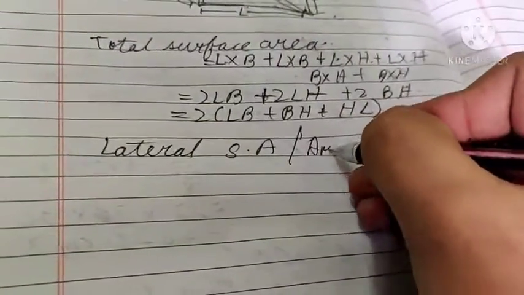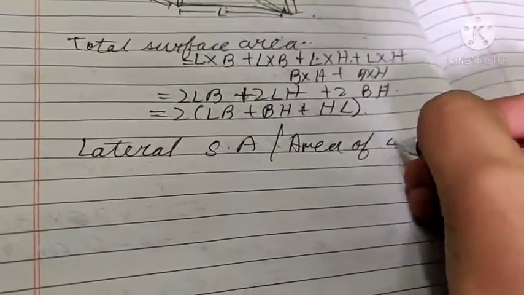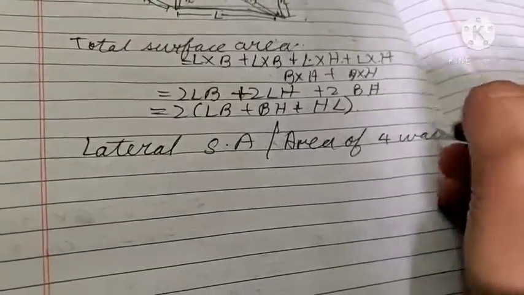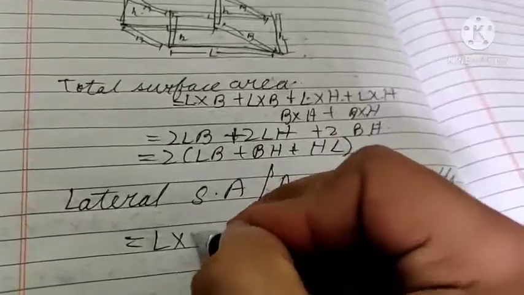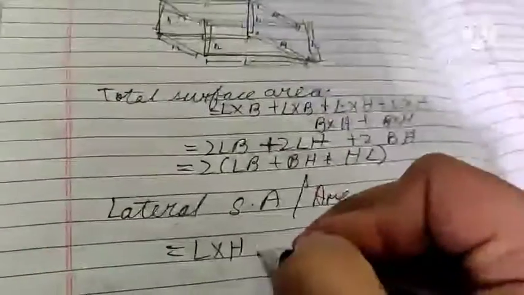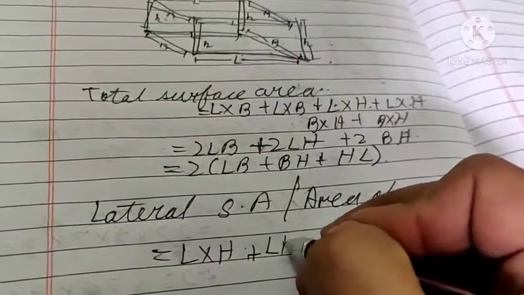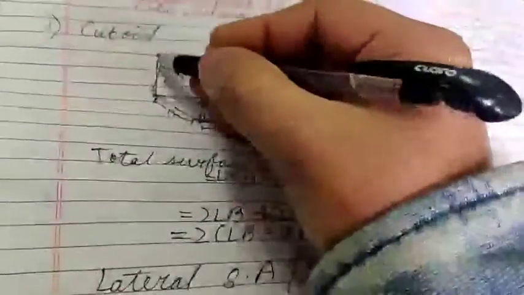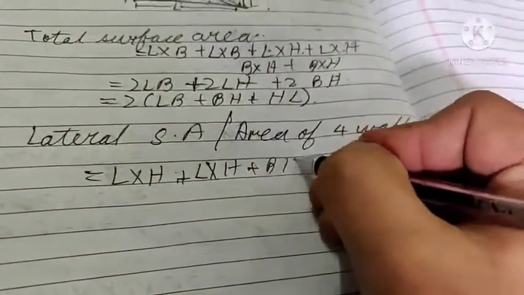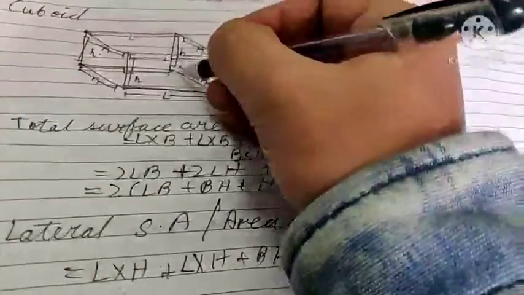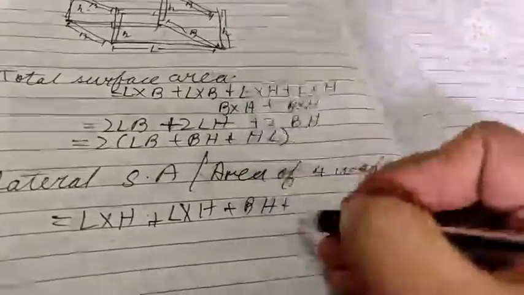Or the area of 4 walls. That is, front wall is length into height, back wall is again length into height, this left wall is breadth into height, and right wall is again breadth into height.